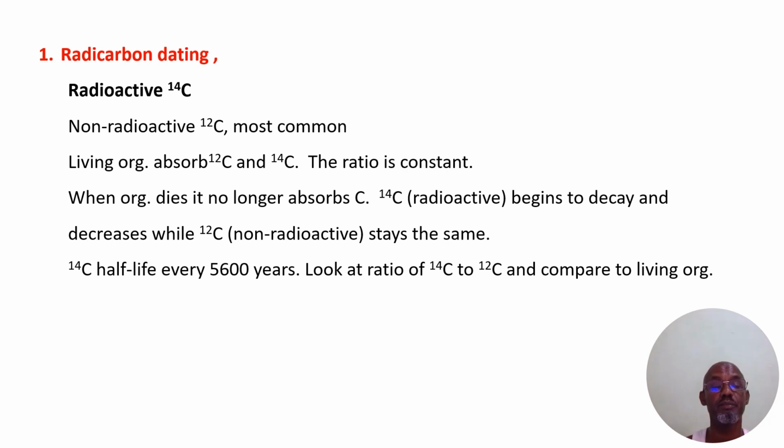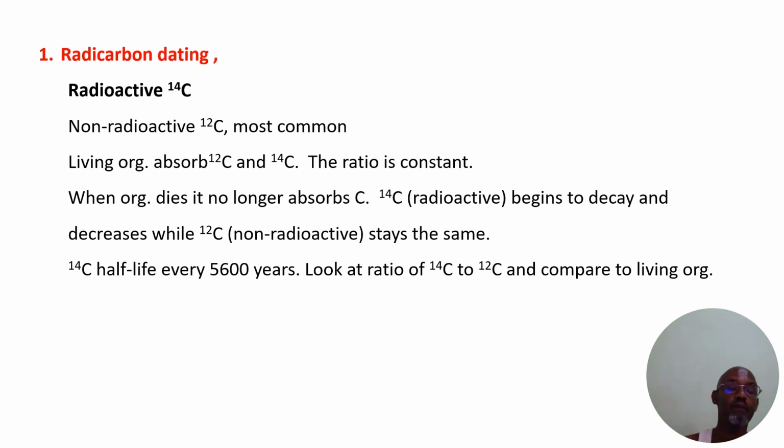Therefore, living organisms absorb carbon-12 and carbon-14. The ratio is constant. When organisms die, they no longer absorb carbon. So radioactive carbon-14 begins to decay and decreases, while non-radioactive carbon-12 stays the same.